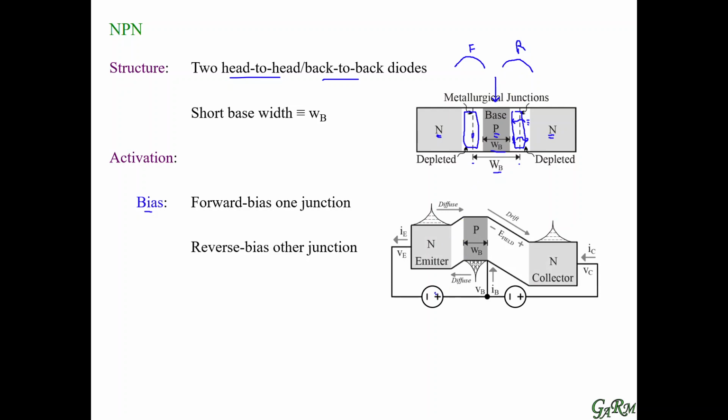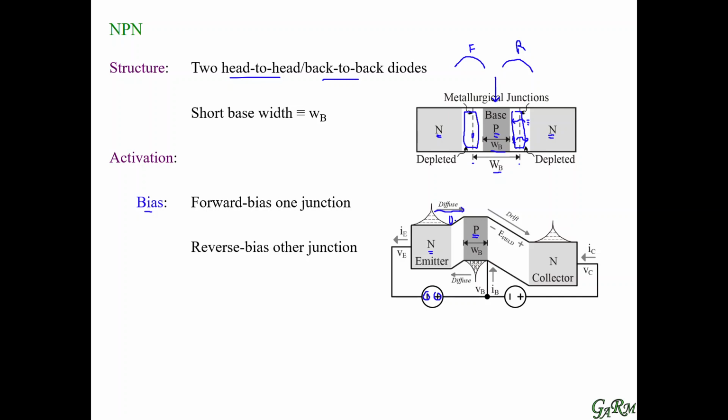To forward bias one junction, we'll apply a positive voltage to the P base region with respect to the left N-type region, which receives the negative terminal of that voltage. Applying that voltage essentially reduces the field barrier that electrons on the N side need to overcome in order to start diffusing to regions of lower concentration.